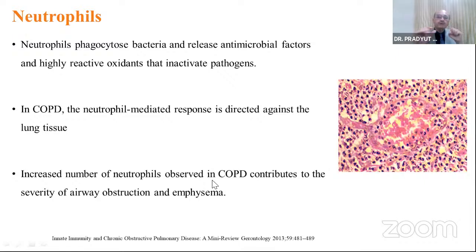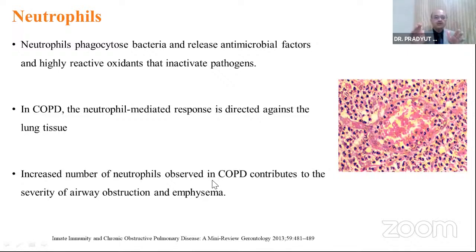The fourth component of our innate immunity is the neutrophils. The job of neutrophils is to phagocytose the bacteria and to release certain antimicrobial or antibacterial factors which nullify the highly reactive oxidants released by the bacteria, and therefore they inactivate the pathogens.